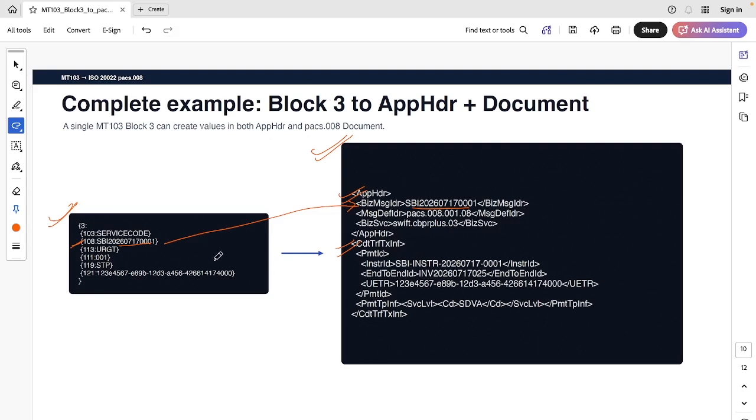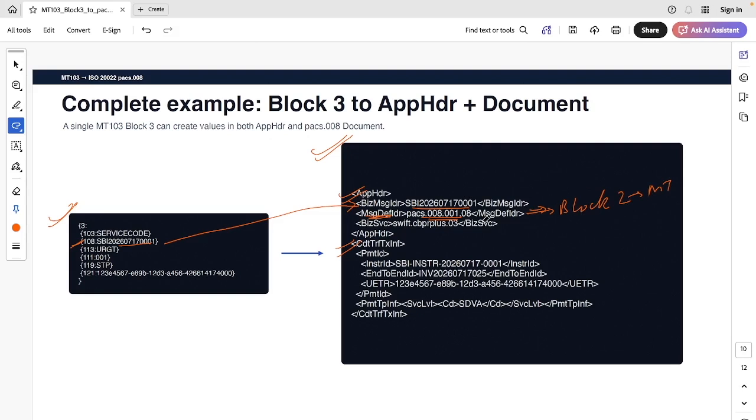Second, the message definition identifier in the XML format identifies the ISO 20022 message definition, for example, pacs. This we have already seen; it basically comes from your block 2, and this is equivalent to your message type.